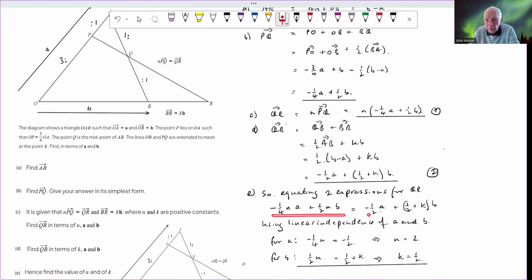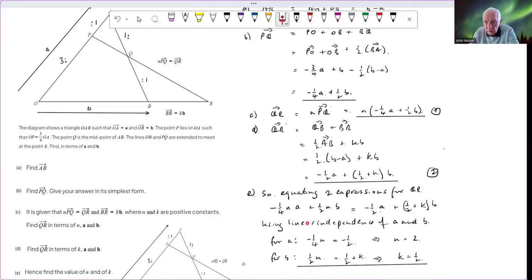So those two are equal. Those are two expressions of QR. So if we take the A part, this bit equals that bit. There we go. And that's going to give us n equals 2. So that's just an equation in n, isn't it? And now we know n.